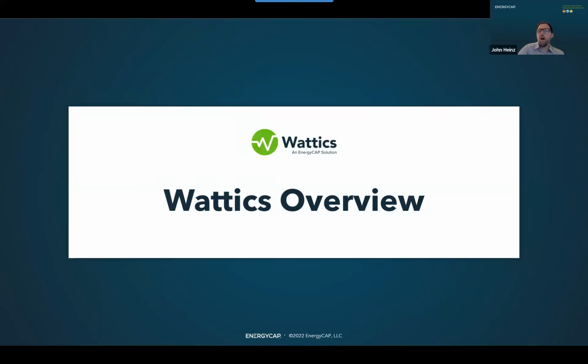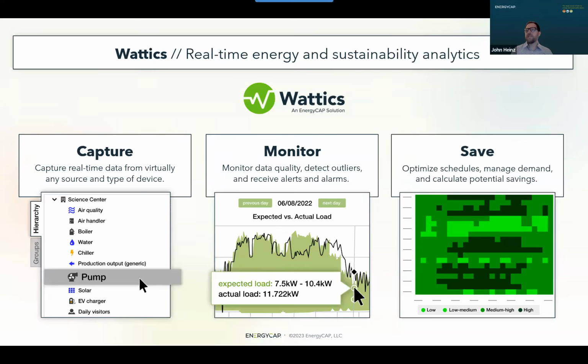Okay, so let's talk about Wattics very specifically. Hopefully all of you understand the value of tracking interval data holistically, and also some of the methodologies behind the savings calculations. But Wattics is meant to be a real-time energy and sustainability tool that allows you to capture data in real time. You can capture data from different types of data sources.